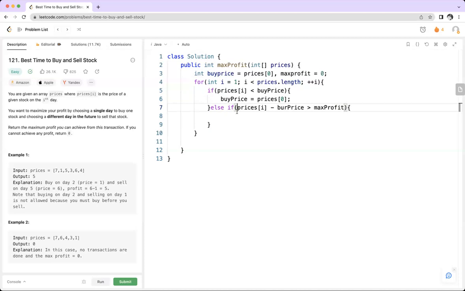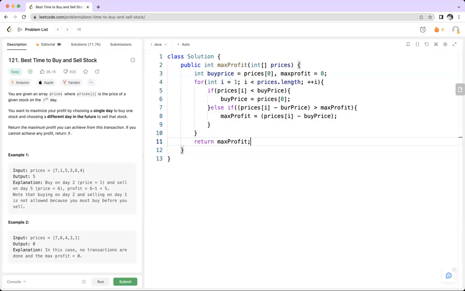We are doing this calculation and checking it. If it is, max profit will be set with that value, prices[i] minus buy price. And then at the end we are going to return max profit.